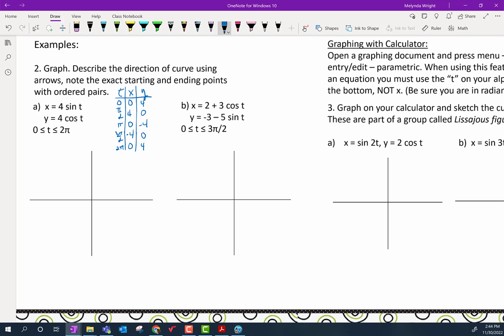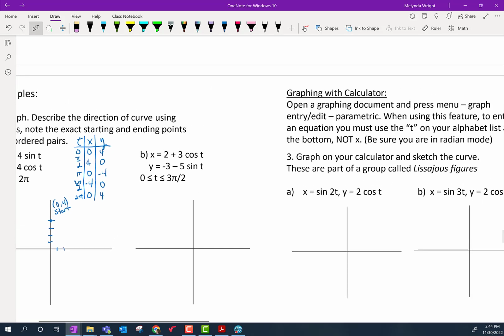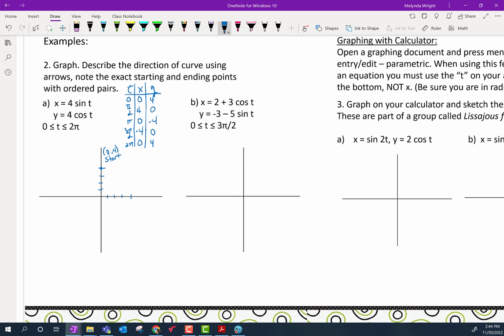Okay, so our first point is (0, 4). So 1, 2, 3, 4. There's (0, 4). And that is the start. Okay, our next point is (4, 0). Go back, 1, 2, 3, 4. Okay, and I'm going to indicate direction just so I don't forget.